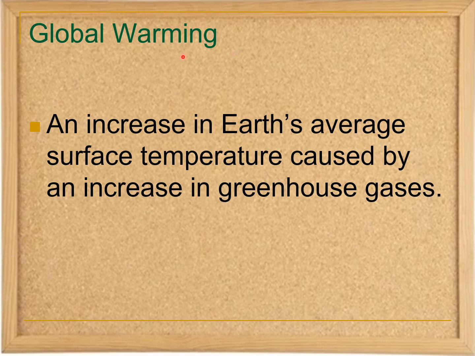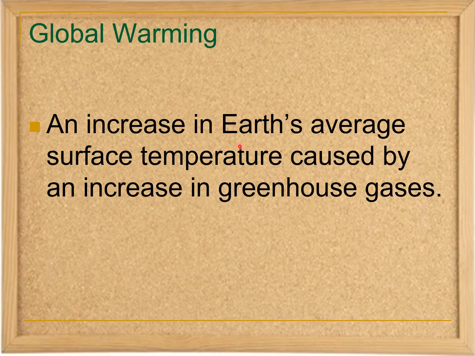As a result, even if we are not using CFC, we are still slightly increasing the temperature of the Earth. Because remember, I've told you that your ozone layer is like an oven. However, it's not very hot. It just provides a warm temperature for the Earth, right?